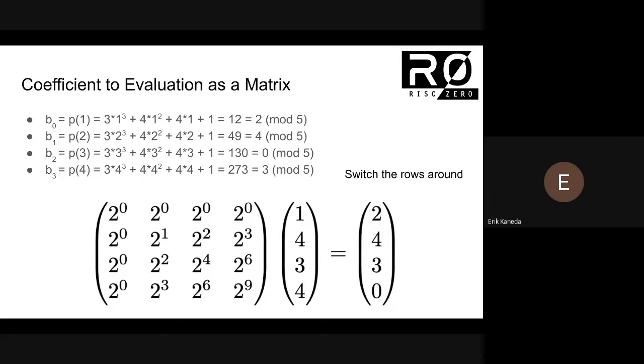I have a quick comment about the size of the matrix as it relates to our system. We see this example of having 4 columns, but in reality, in RISC Zero's system, the execution traces are powers of 2. To give people in the audience who might not be familiar an idea, this could be very, very large.